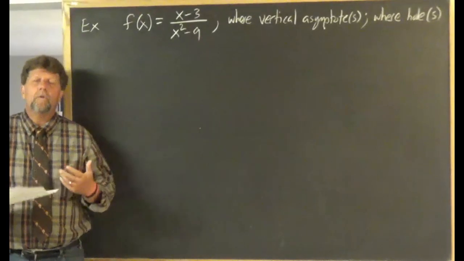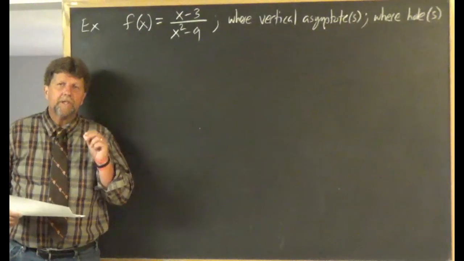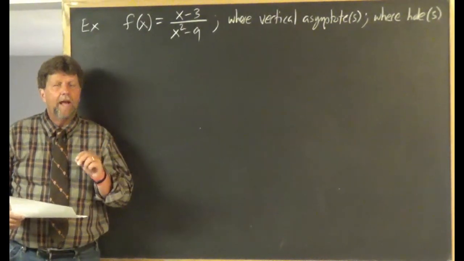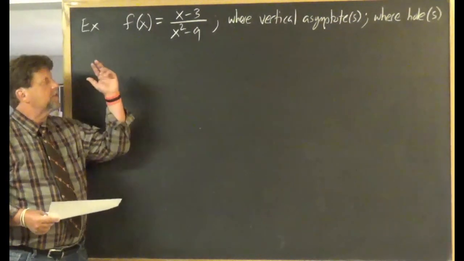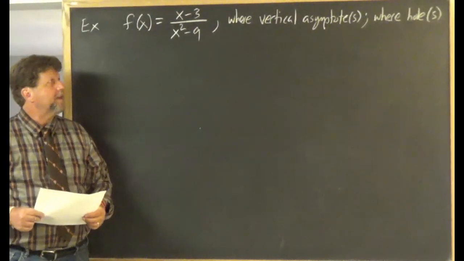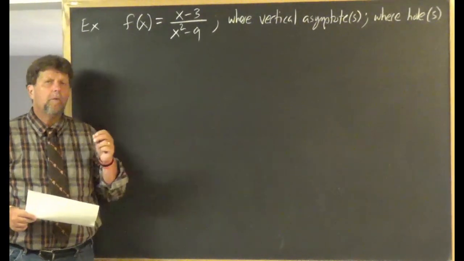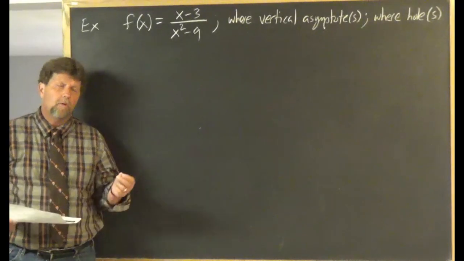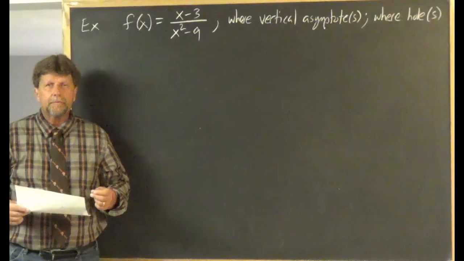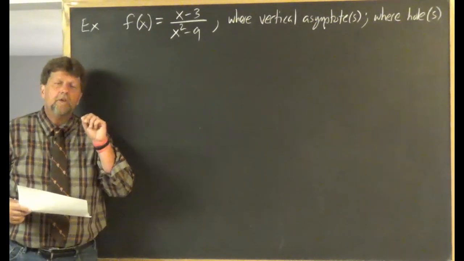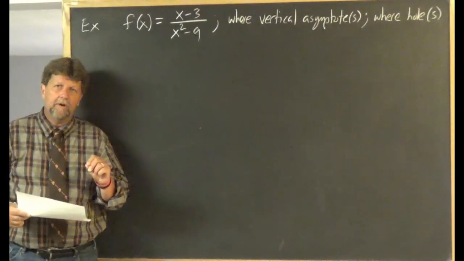All right, this is really an old college algebra type question, but it's important in calculus. Being able to determine where the graph of a function would have a hole versus where there's a vertical asymptote. In this example, I gave you the function x minus 3 over x squared minus 9 and asked where we will find vertical asymptotes and where we will find holes. Remember the key, you have to determine what makes the denominator 0.